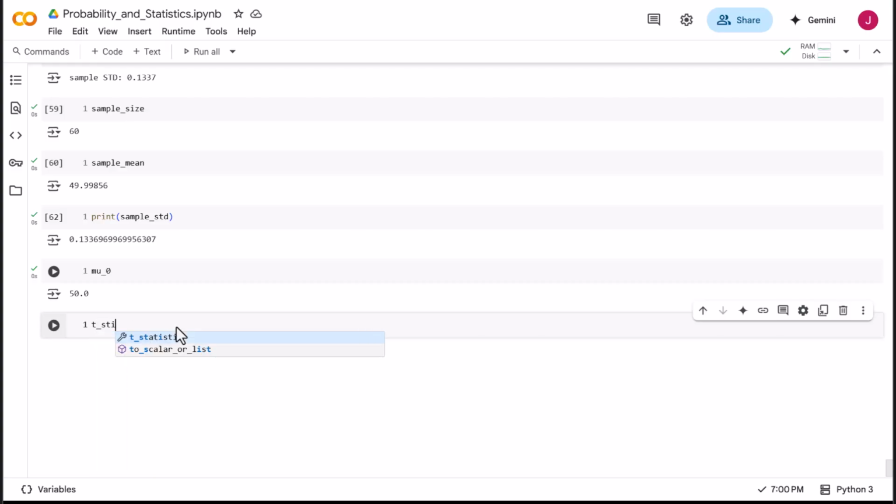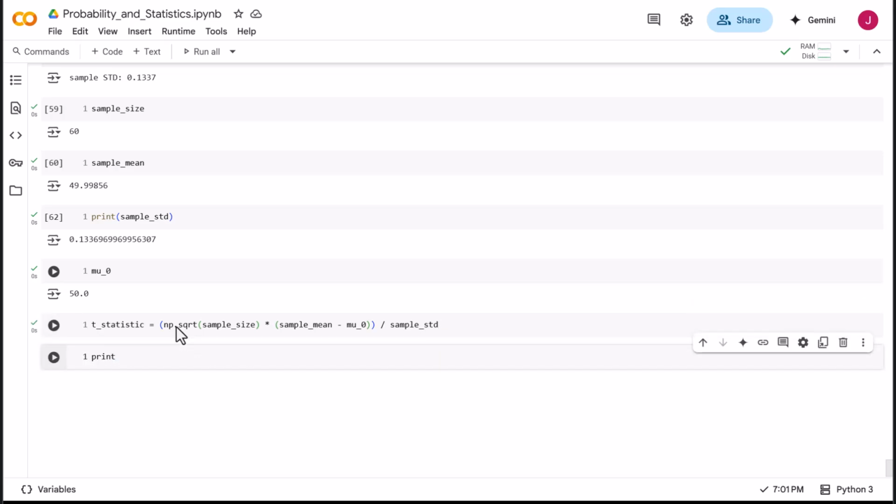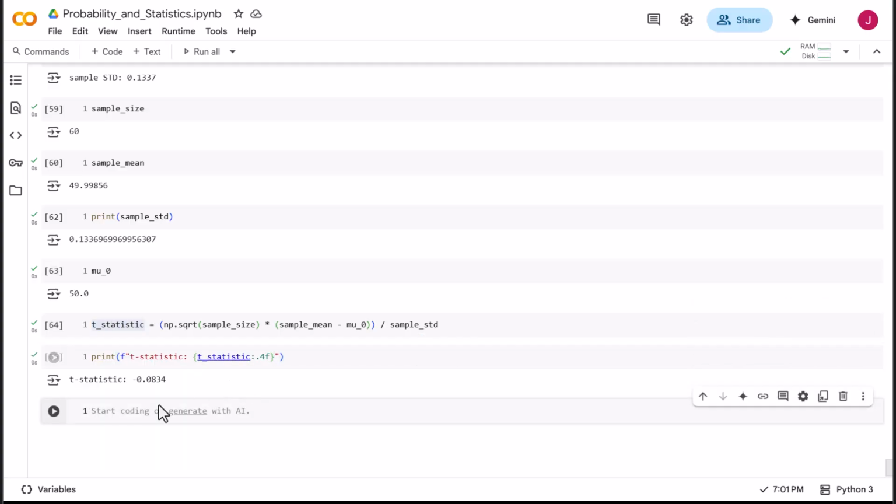So t-statistic is equal to np dot sqrt of sample size, multiplied by sample mean minus mu 0, all divided by sample standard deviation. Then we can print it, print f t-statistic. So it is minus 0.834.